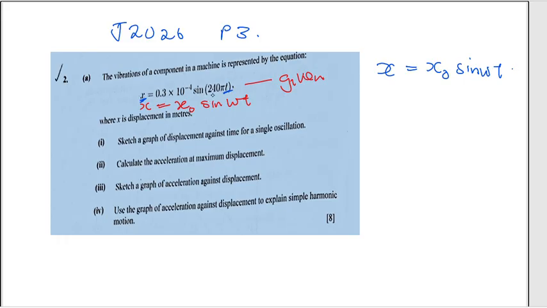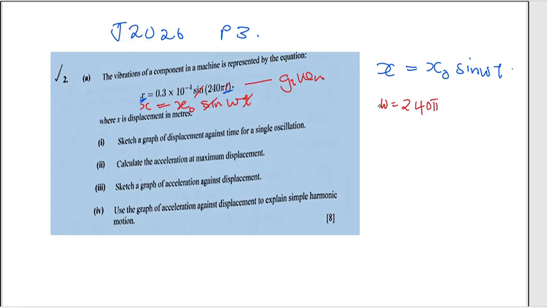When I say we have to compare, I'm simply saying we look at what is in the sine position, and what is in the t position, meaning 240 pi is equivalent to omega. So omega is equal to 240 pi.